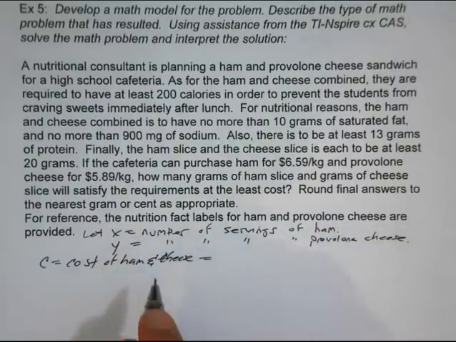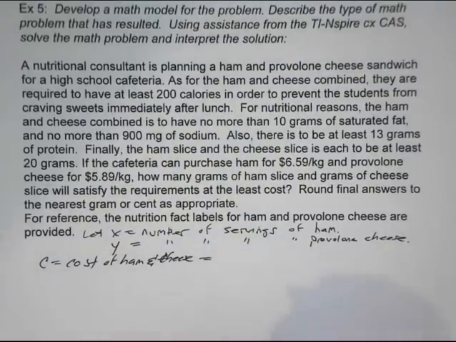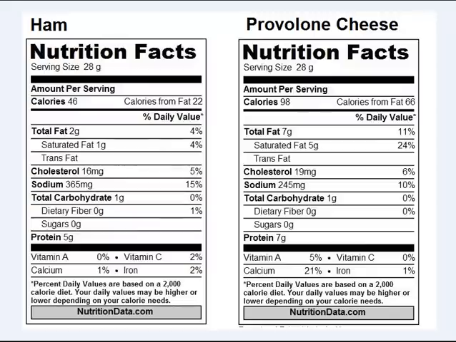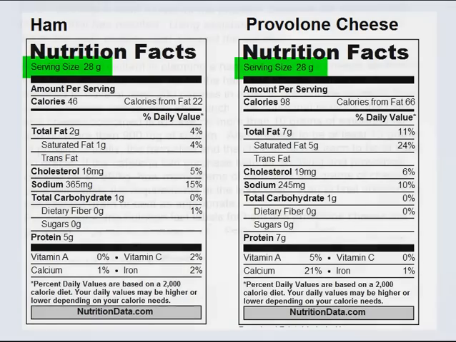Looking at the nutrition fact labels again, one serving of ham is 28 grams. For provolone cheese, the serving size is, a coincidence here, 28 grams as well. This gives us a way to formulate a cost.